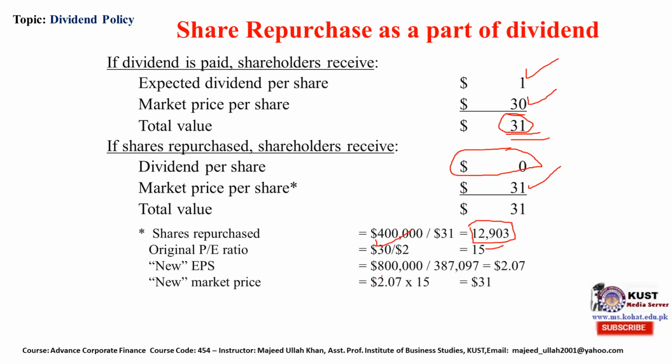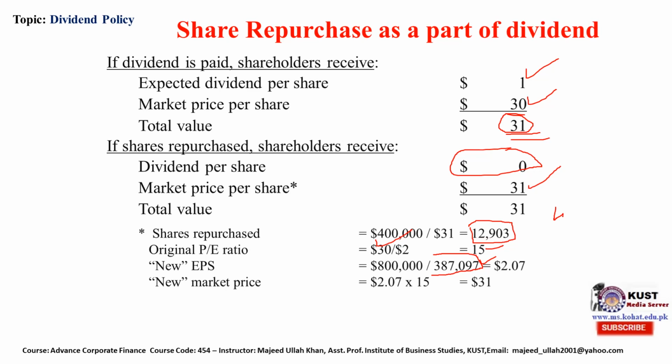Now 800,000 divided by 387,097. How does this figure of shares come?